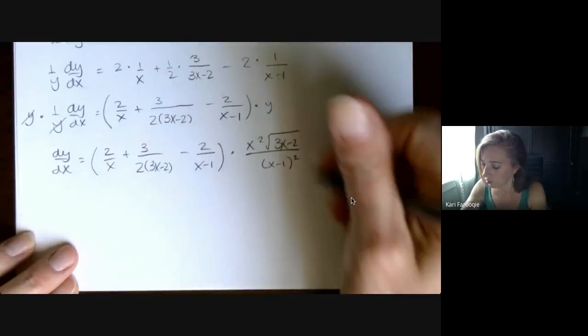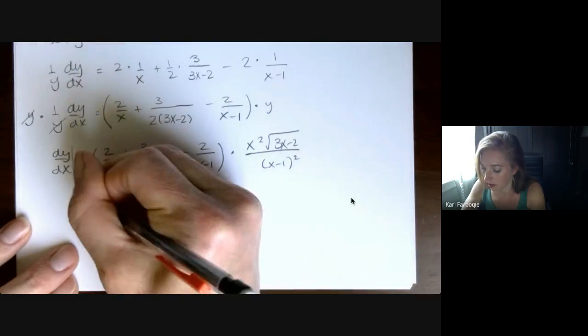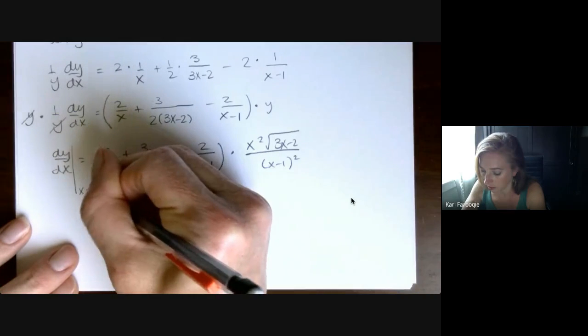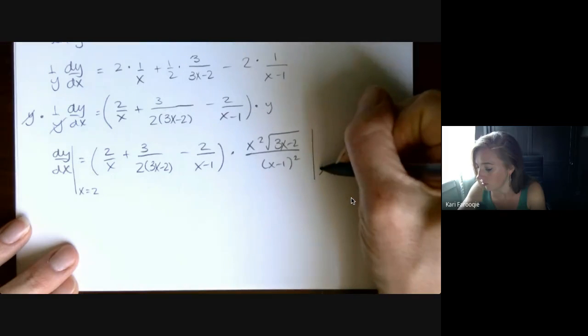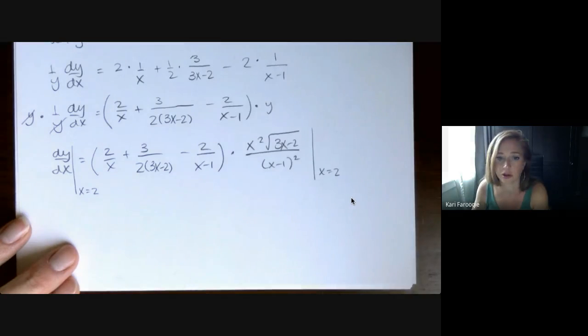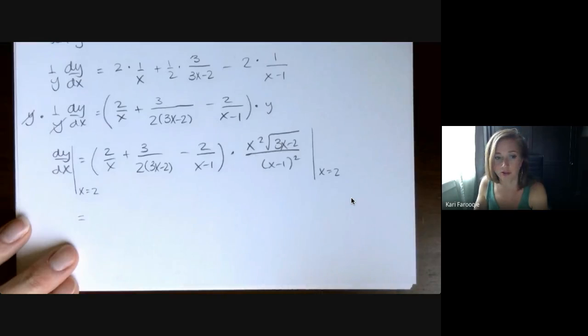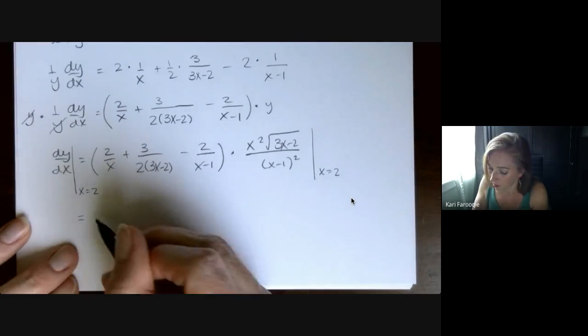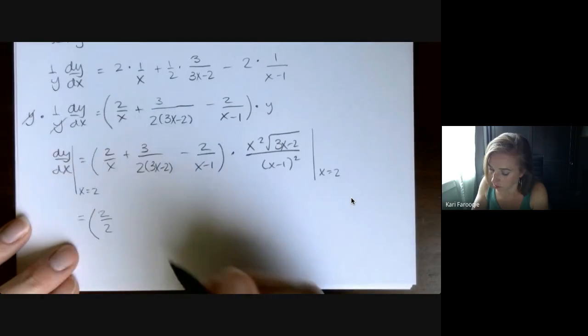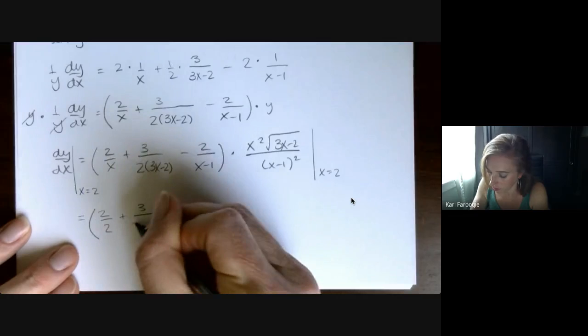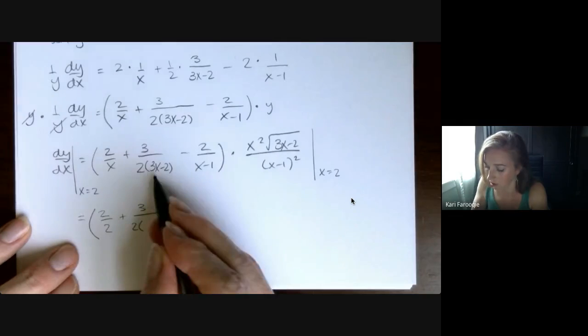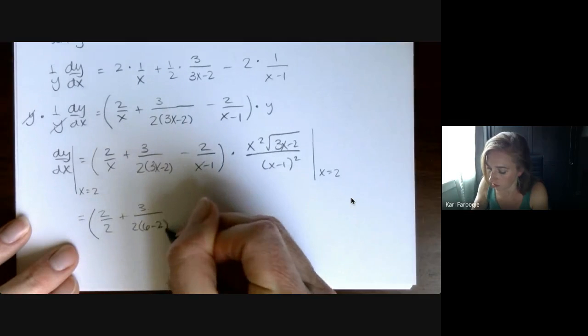So we're going to evaluate this at the point (2, 8), and in our case, we only have x's, so we just need to worry about x being equal to 2. So be very careful with how you evaluate this to find the slope. So I'm going to take 2 over 2 plus 3 divided by 2 times 3 times 2, which would be 6, minus 2.